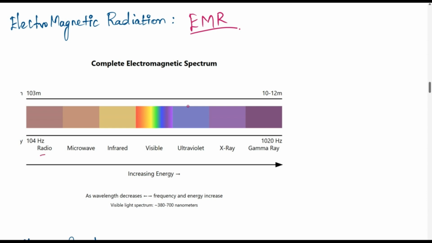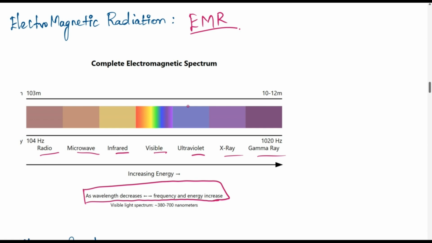Starting from here: radio wave, micro, infrared, visible, UV, X-ray, gamma ray. Why is the order also important? Because as the wavelength decreases, the frequency and energy increase. This relation is very important.